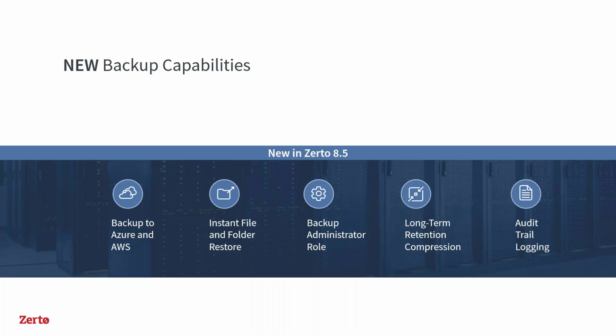We've added capacity management. We've added things like long-term retention compression, making sure that we save you on bandwidth and on storage cost in the cloud. And of course, we've added audit trail logging, which is really important once you start recovering files. Auditing, security, compliance is very important once you start backing up data using Zerto.